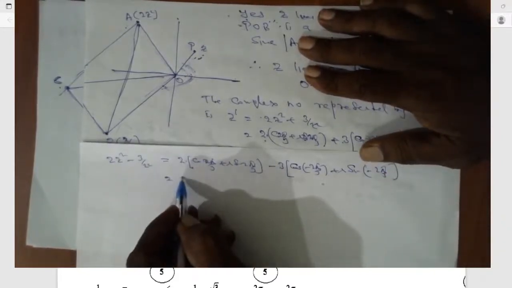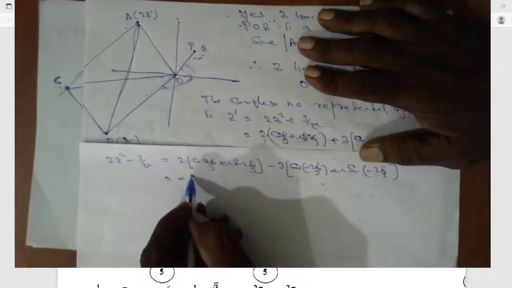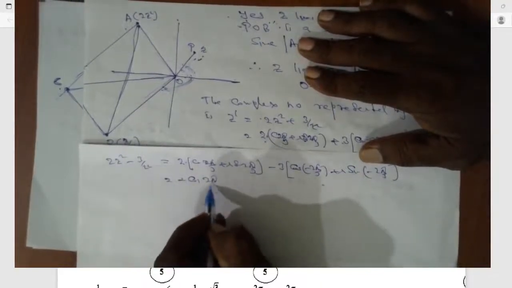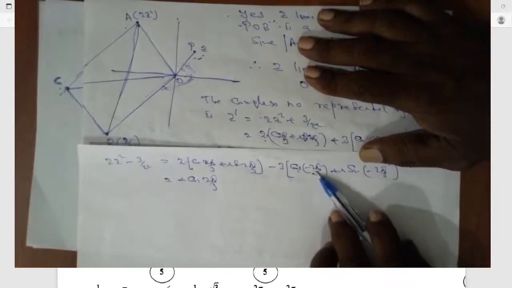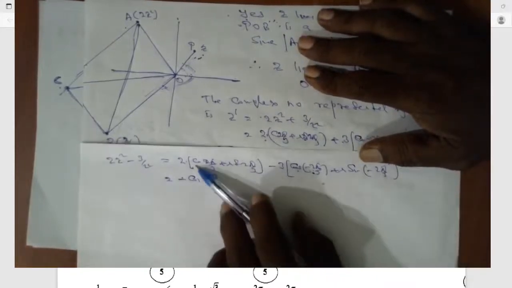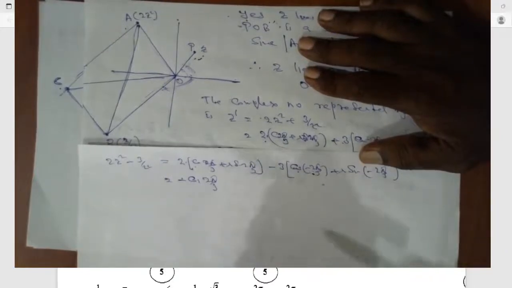Okay. If you simplify this one, minus cos 2 pi by 3, because cos minus 2 pi by 3 equals cos 2 pi by 3; cos theta equals cos minus theta.